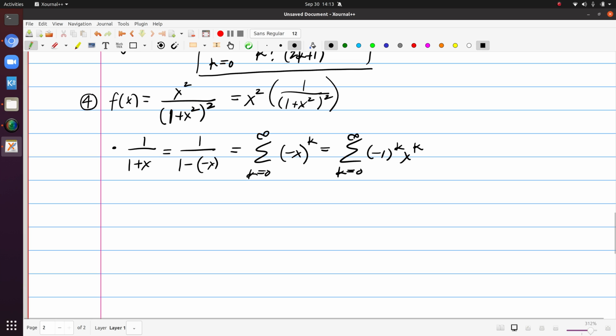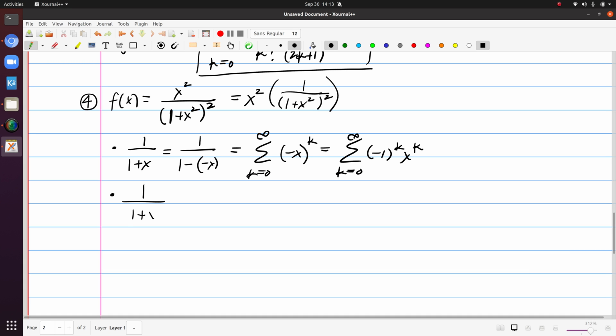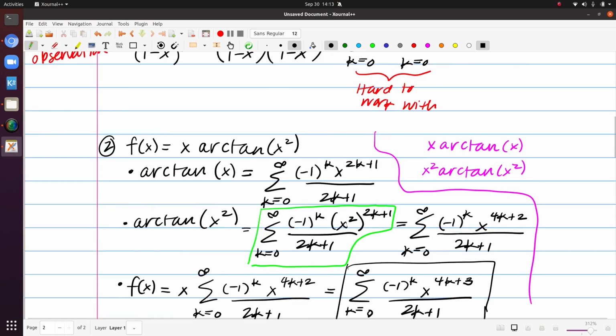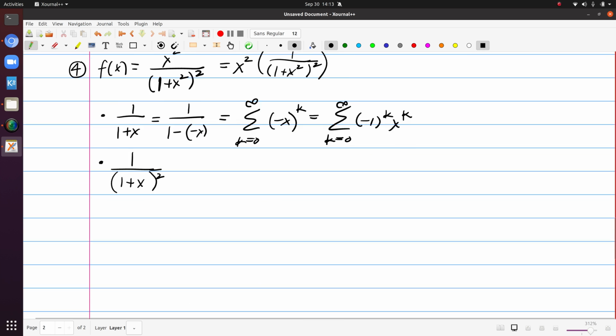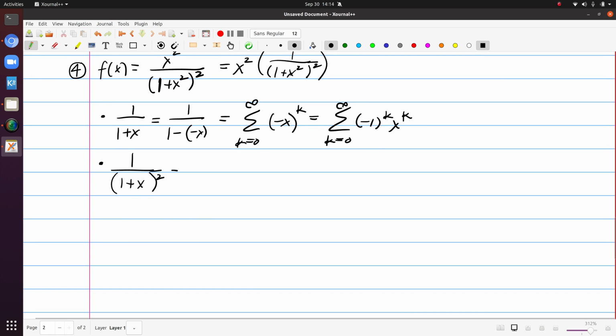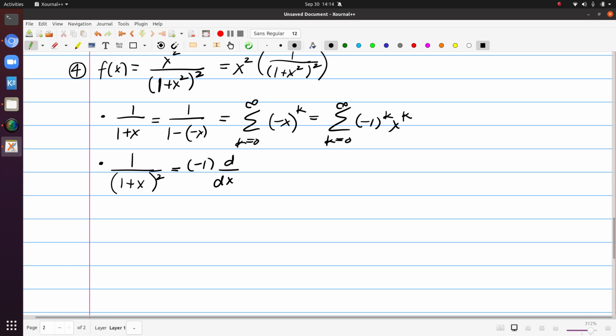Then if I want to consider next 1 over (1 plus x) quantity squared, right? That's kind of similar to the first one we started with. That one had a 1 minus x. But if I want to think about the connection here, this is negative 1 times the derivative of 1 over 1 plus x. Right, because the derivative of 1 over 1 plus x would involve a negative, which I don't have on the left-hand side.